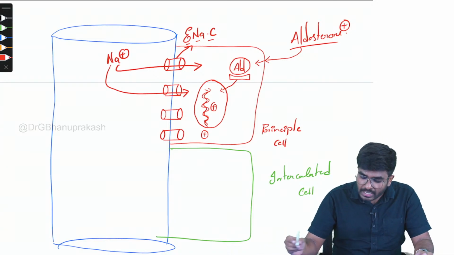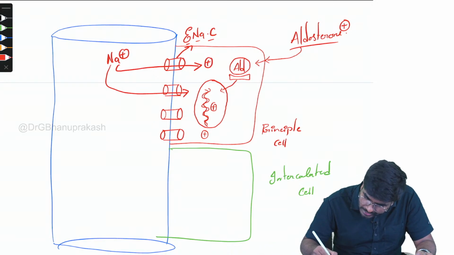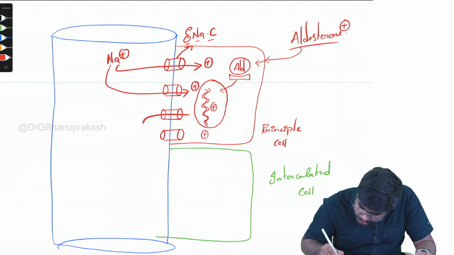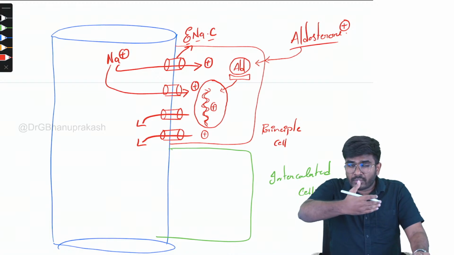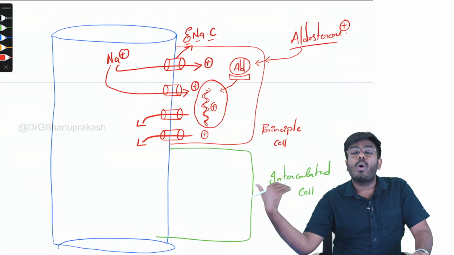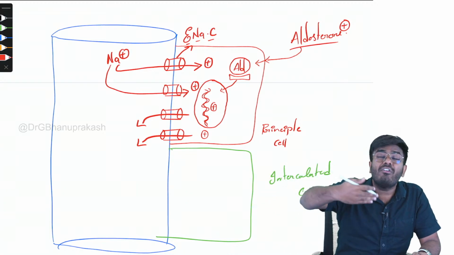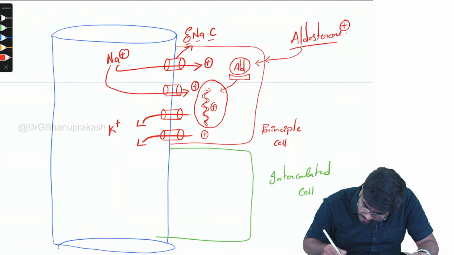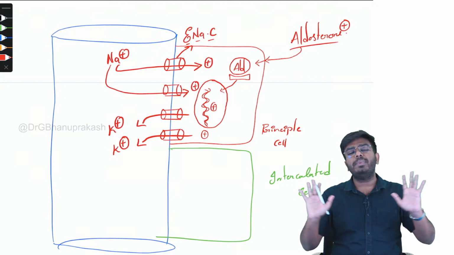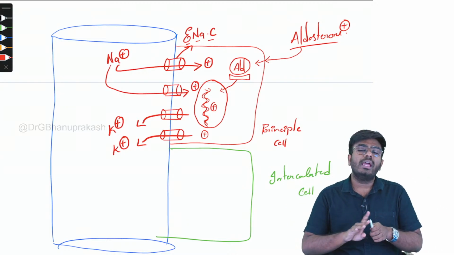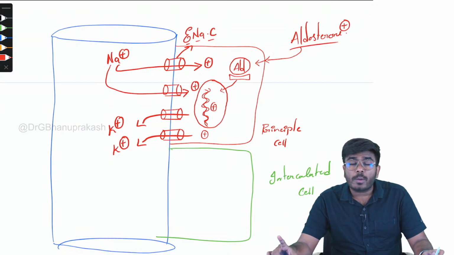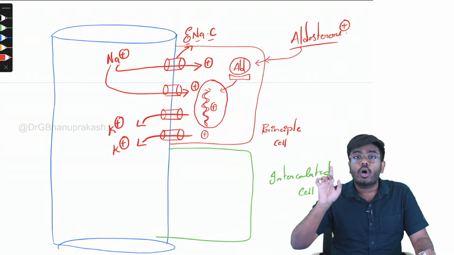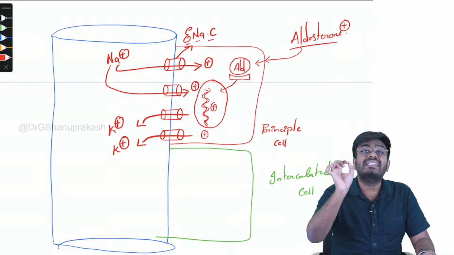If one sodium ion comes into the cell, one positive ion will go out of the cell. So, what is this positive ion leaking out? Potassium. So, from this we can simply say aldosterone helps in sodium reabsorption, but aldosterone will cause potassium excretion.